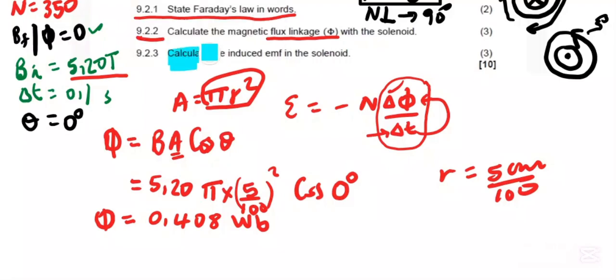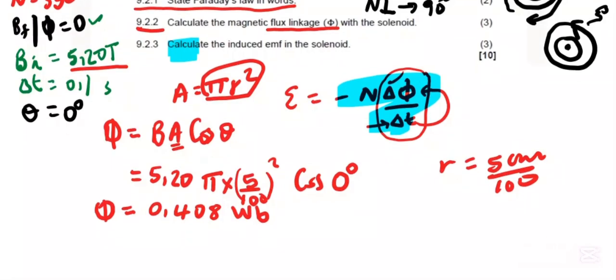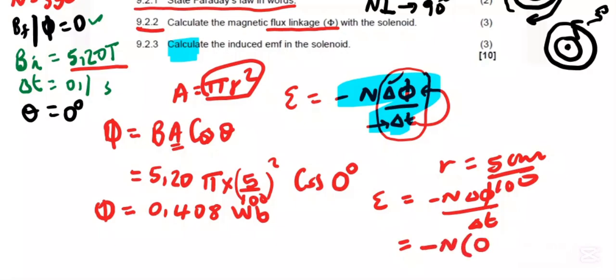The following question says calculate the induced EMF, which means we are going to use this formula. The formula is EMF is equal to negative N change in magnetic flux divided by T. N is there, then the change in magnetic flux is final magnetic flux minus initial magnetic flux, divided by change in time.